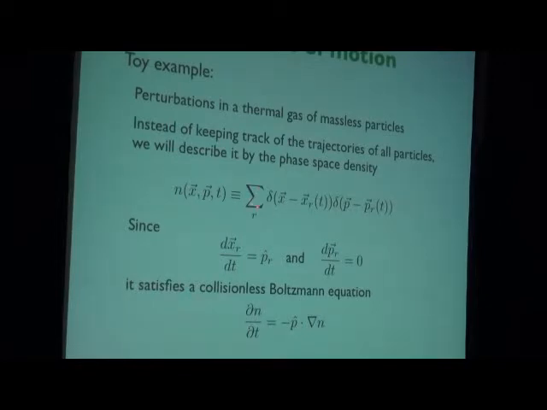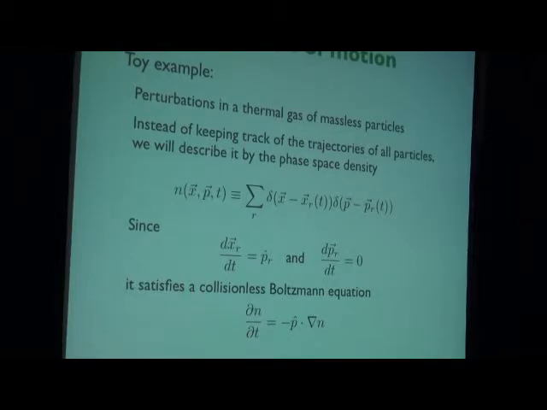The phase space density is just the sum over all the particles of delta of x minus the position of the rth particle times delta of p minus the momentum of the rth particle. So it peaks wherever you have a particle with a given momentum. This is your phase space density, and typically we smooth it, but for now we don't have to think about that.